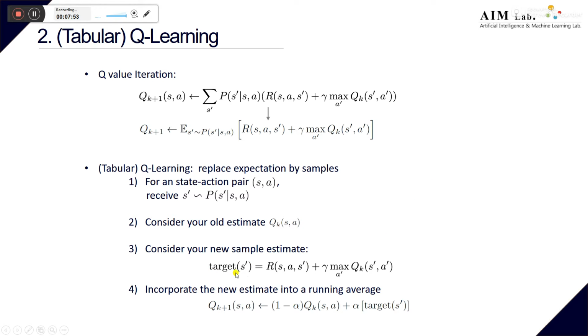One is the immediate reward when transitioning from S to the next state S prime, plus the discounted version of the future value according to our current estimates, taking the maximum over actions. The sum of these two terms is target(S prime), and (1 minus alpha) times Q_k plus alpha times target(S prime) becomes the next, k plus 1, Q value of S and A.